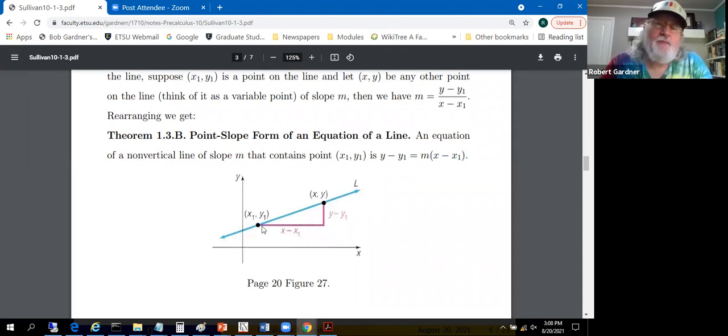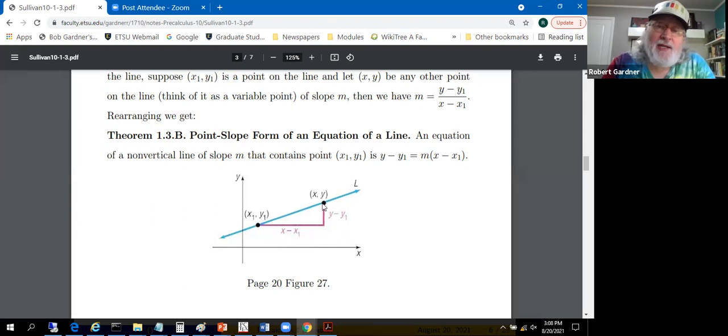Because of this picture. Suppose this is point x1, y1, and they've given us the slope. The slope determines that the line looks like this. Suppose x, y is any other point on the line. How do the coordinates of this arbitrary point relate to the coordinates of this specific point and the slope of the line?